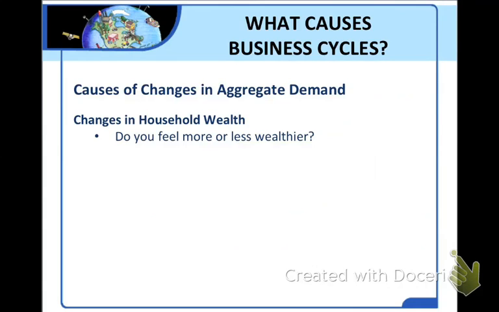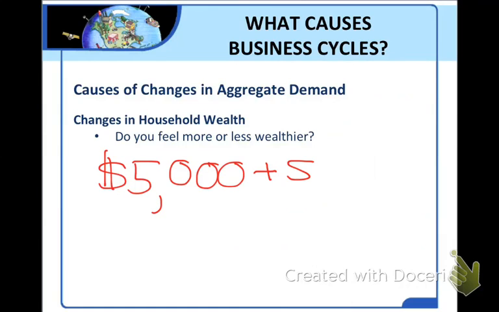Suppose, for example, you own an old car that you could sell for $5,000 and you have a bank account with $1,000 in it. You also owe your parents $2,000 that they lent you to buy the car. Your wealth would now be equivalent to this. It would be $5,000 plus the $1,000 that's in your bank account.